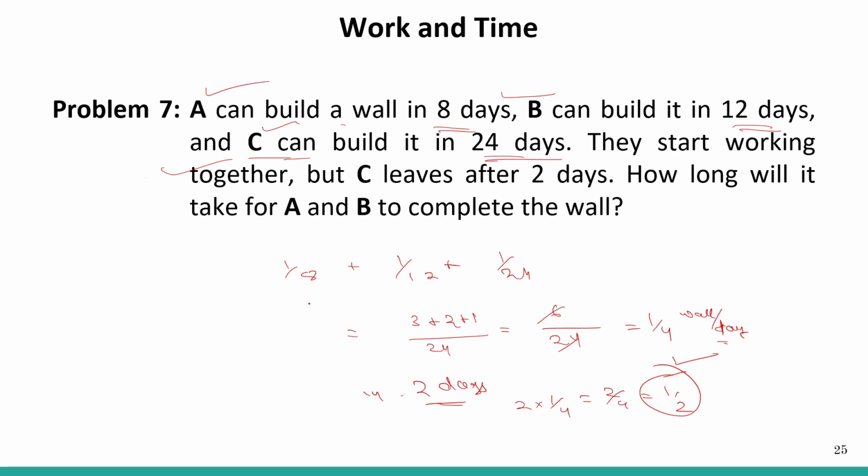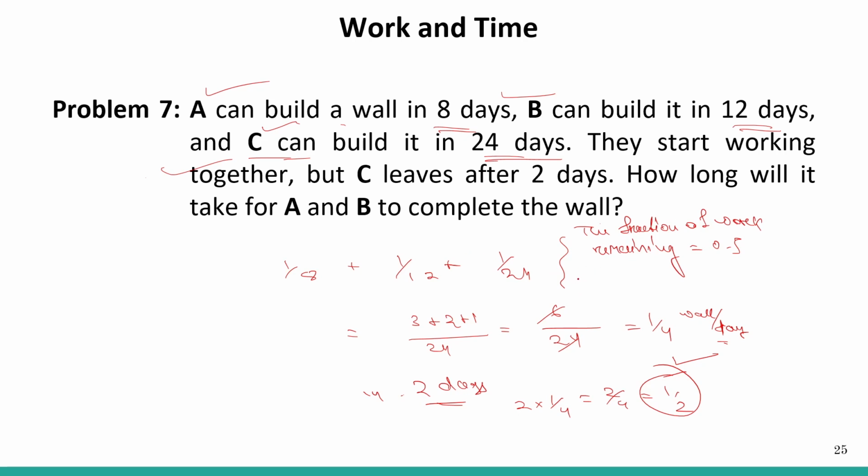Now C leaves. So right now the fraction of work remaining is 0.5. So 0.5 is the amount of work remaining.